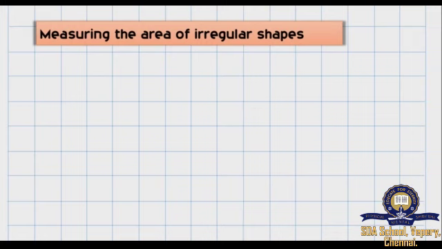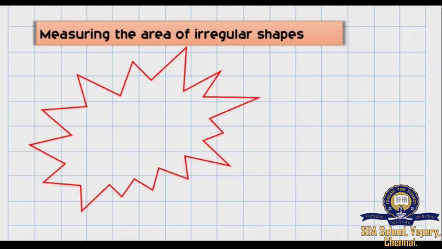The first step we have to do is draw the outline of our irregular shape. Now we know that the area of each square is 1 centimeter square. So if you count the total number of squares present within the outline, you can easily find the area of irregular shapes by counting itself.